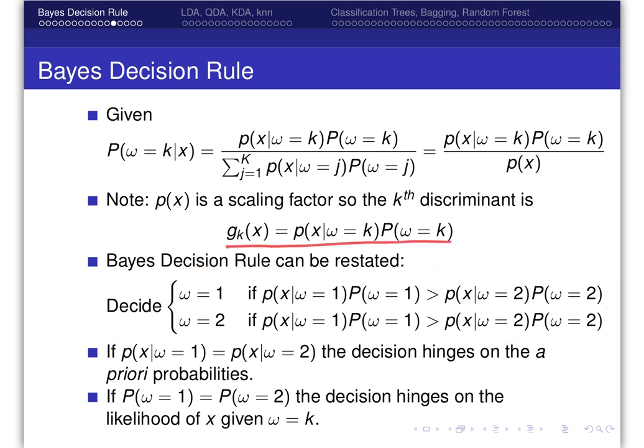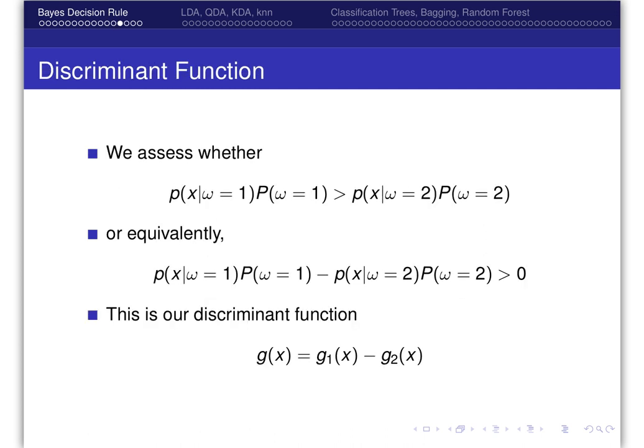Therefore, the kth discriminant is given by g sub k of x. Notice that if the class conditional probabilities are equal, the decision hinges on the prior probabilities. If the prior probabilities are equal, the decision hinges on the class conditional densities.